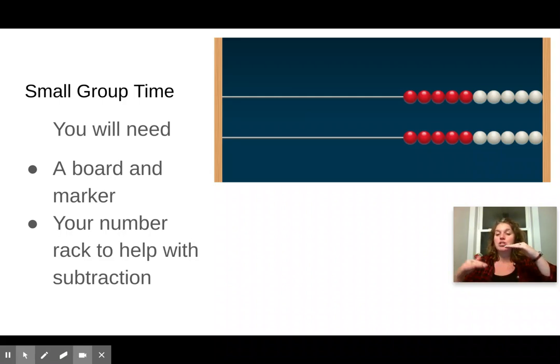A lot of people were just adding the 2 together instead of actually looking and seeing, how many more does one person have than the other? Or how many less does one person have than the other? So I would like you to have your board and marker and your number rack to help you with subtraction. If you don't know where your number rack is, then we'll just draw a picture to help you.